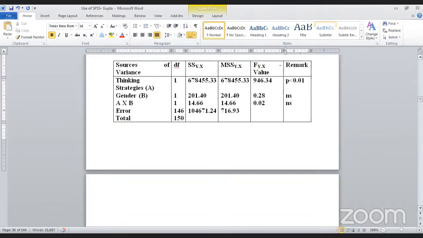Yes, for getting the adjusted F value, you have to divide the MSS by the, I told you, Sojania, you don't remember anything. That is the problem with you.